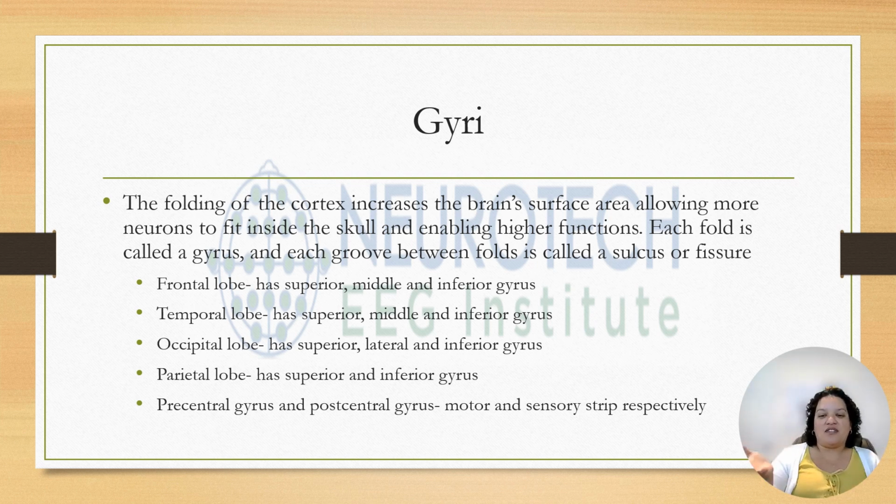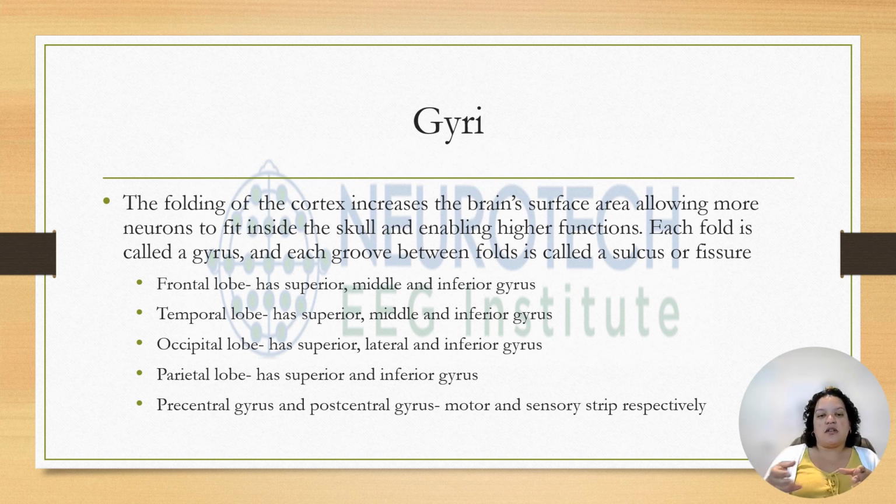I don't know if you've ever seen a placenta in real life, but it's kind of something like that. The point is that the gyri make more surface area in less space. This enables higher functions, because there are going to be more neurons in there.